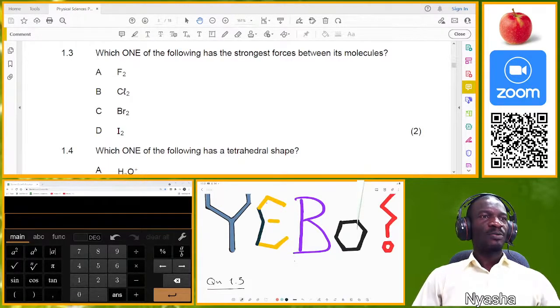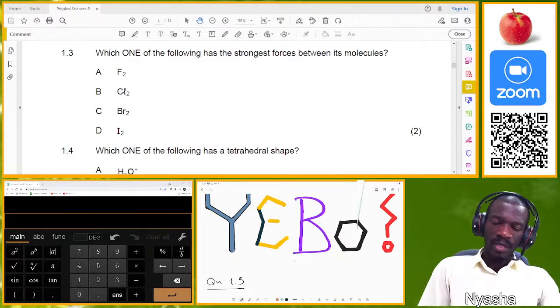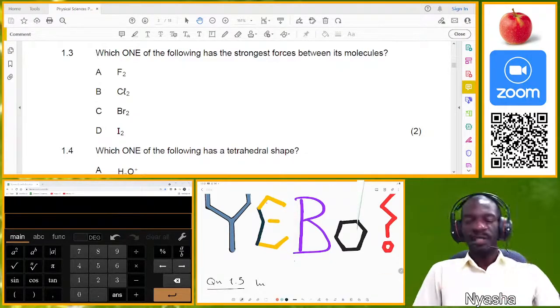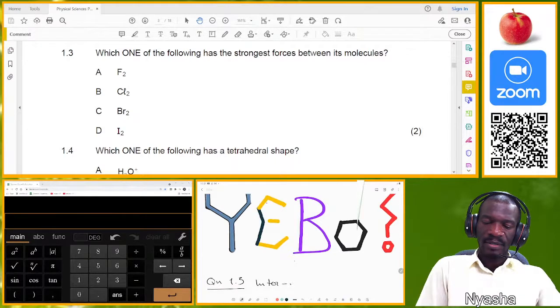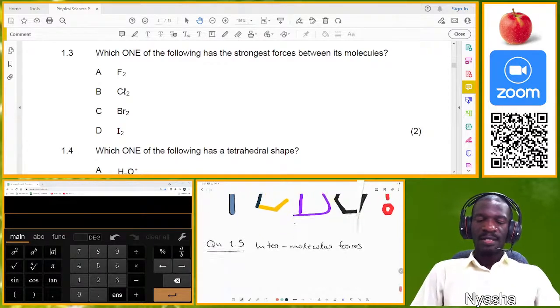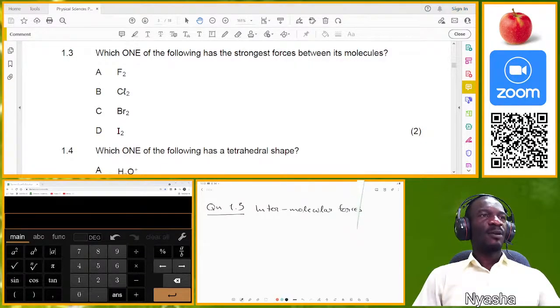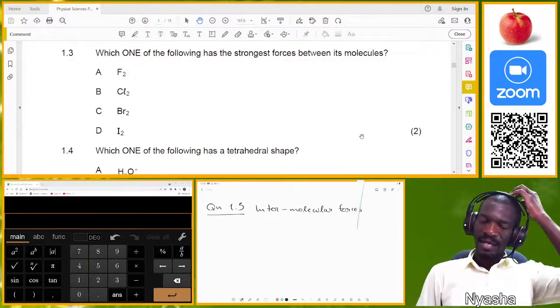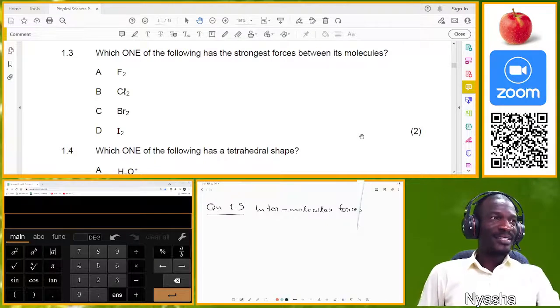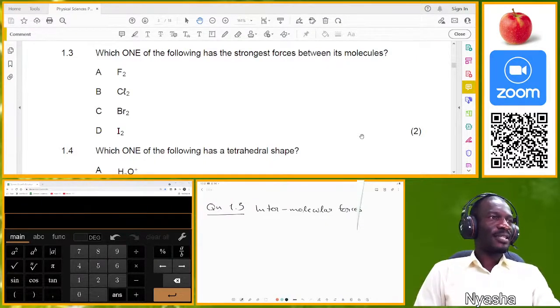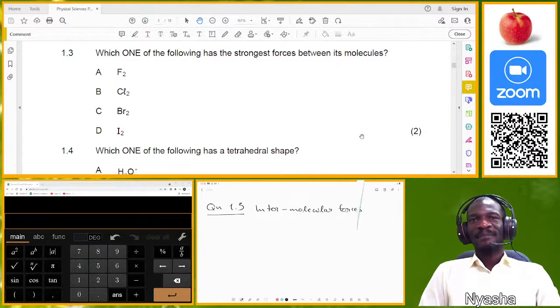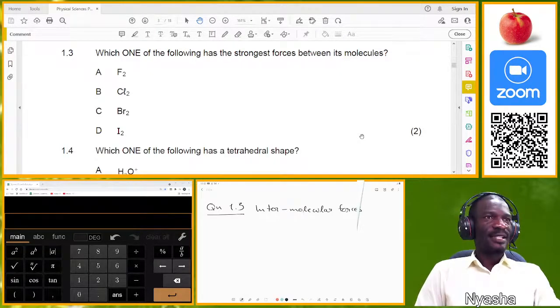I hope that we still remember the topic, because we're looking at between molecules, so that's intermolecular forces. Intermolecular forces. So the question now is, if we have fluorine gas, chlorine gas, bromine gas, and iodine gas, which of these has the strongest forces between its molecules?